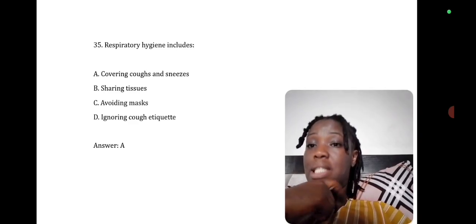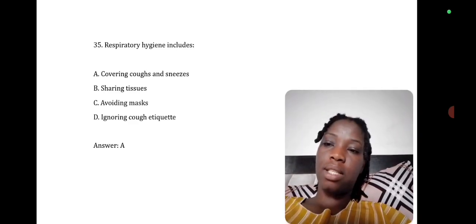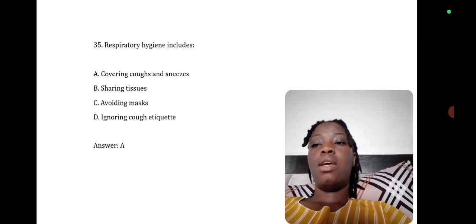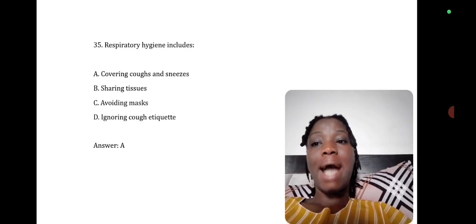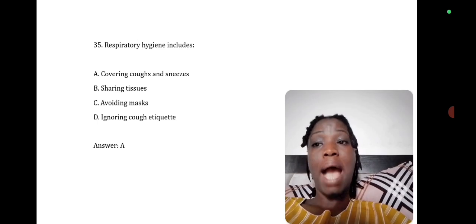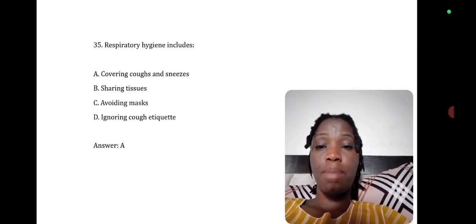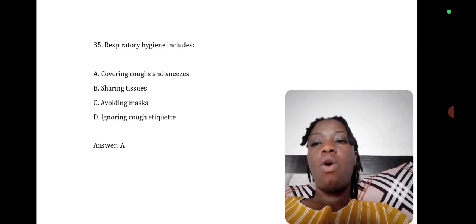But A says cough and sneeze. That's why you are picking A. D is also bad. Ignoring cough ethics is bad respiratory hygiene. Avoiding masks is bad respiratory hygiene, mostly when there's airborne infection.